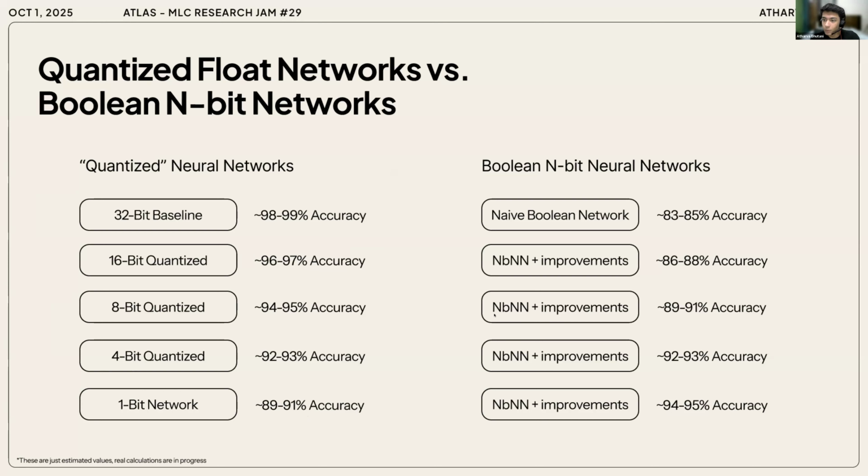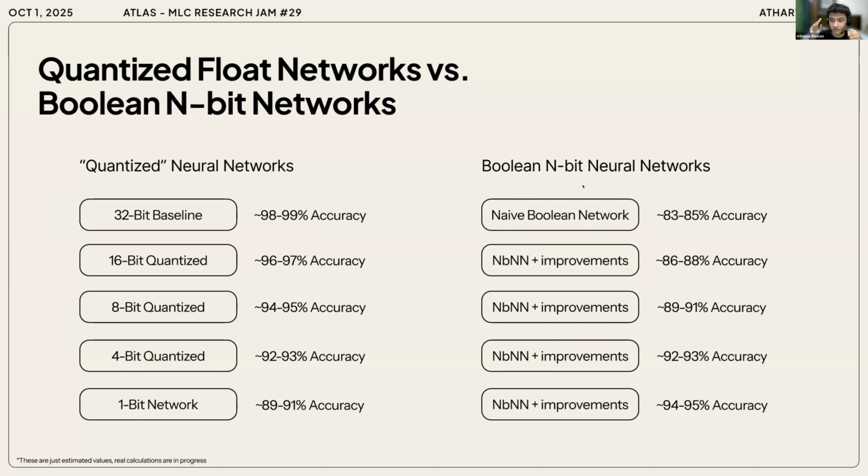Whereas if we look at Boolean networks, if we just train a naive network without any tricks, any gradient estimation tricks or anything like that, it does not even give us 83, and 85 is just pushing it. It gives us barely 75% accuracy. And that is what people compare to. People compare this quantized model to a naive network trained up till 75% accuracy.